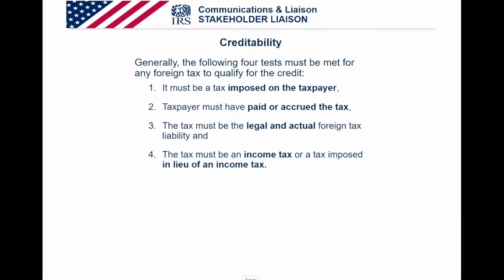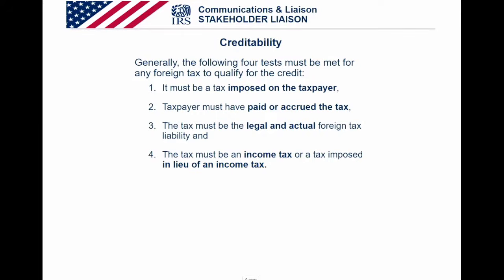The amounts paid and/or withheld can be in excess of the actual foreign tax liability, and this excess is not considered a creditable foreign income tax. In other words, an FTC cannot be taken for income taxes paid to a foreign country if it's reasonably certain the amounts would be refunded, credited, abated, rebated, or forgiven if a claim was made.